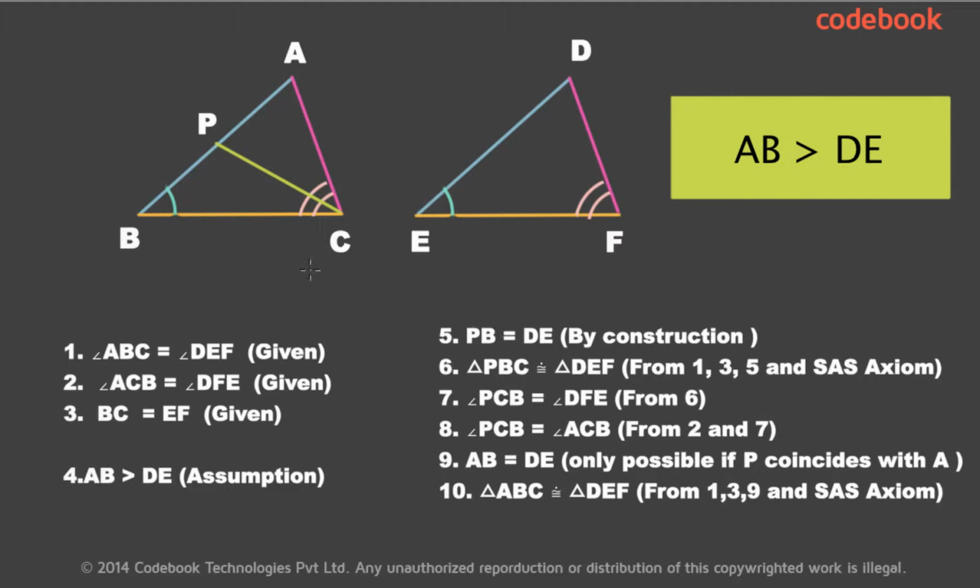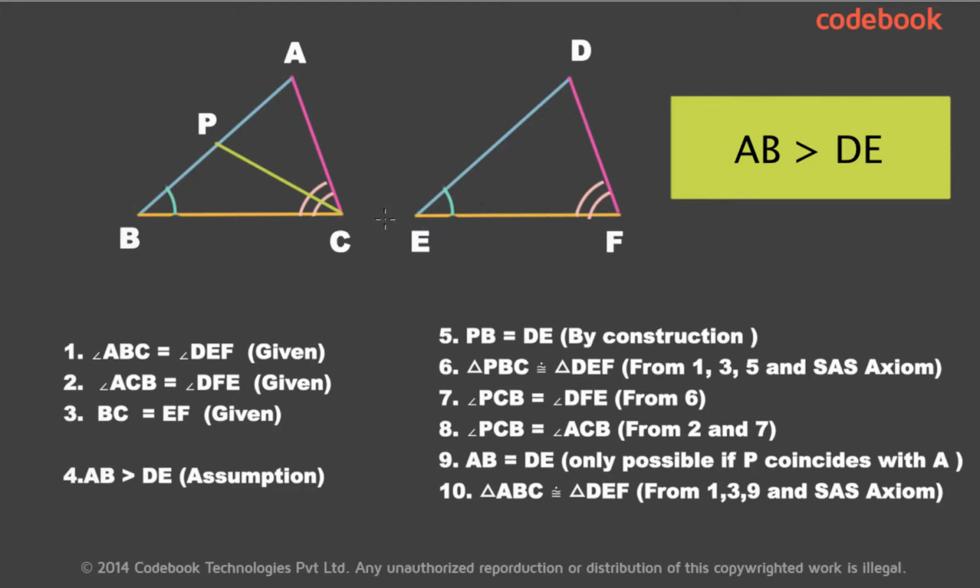Based on SAS axiom, now we have PBC congruent to DEF, because in these two triangles PBC and DEF, angle B is equal to angle E, that is given, and PB is equal to DE by construction, and we also have BC equal to EF which is also given. So by SAS axiom we have two triangles whose two sides and an included angle are equal, so these two triangles are congruent.